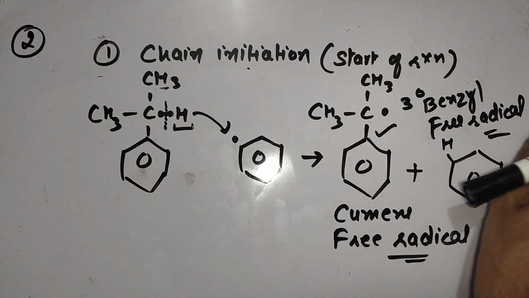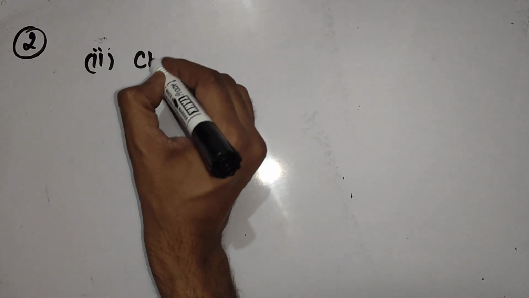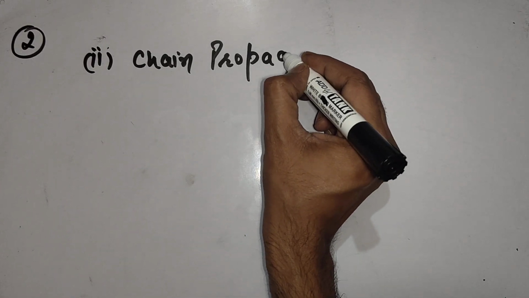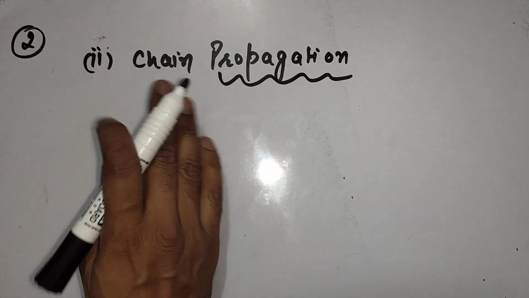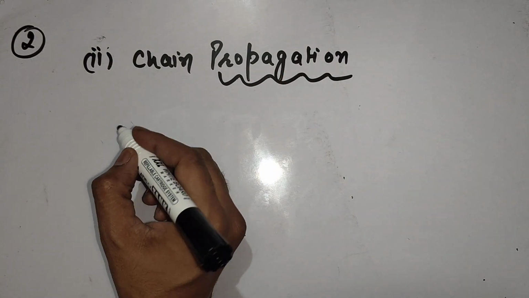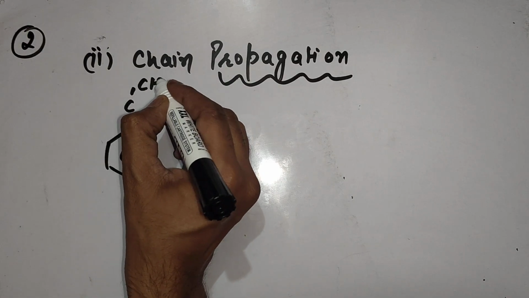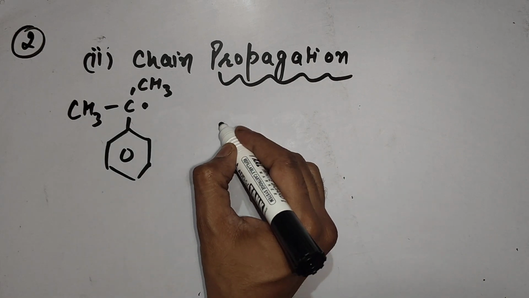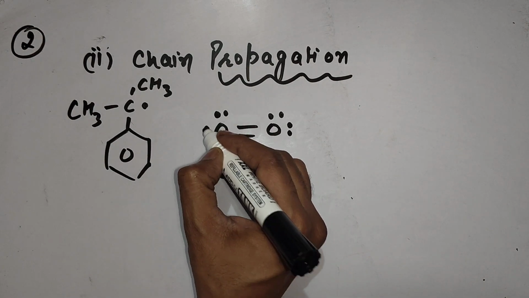Let's go for the chain propagation step. In this step, the main products will generate. When the cumene free radical which is generated over here comes in contact with oxygen gas, you know, in this step we are passing oxygen.